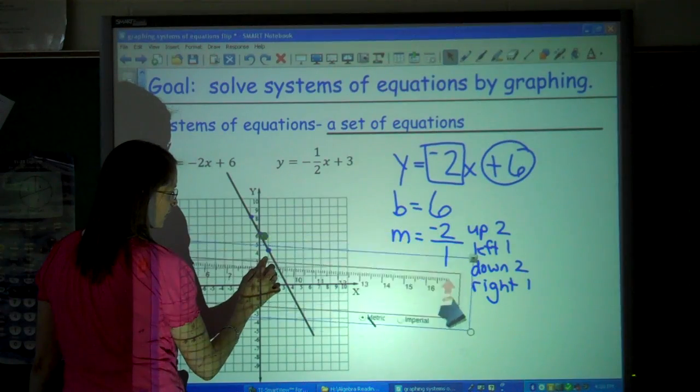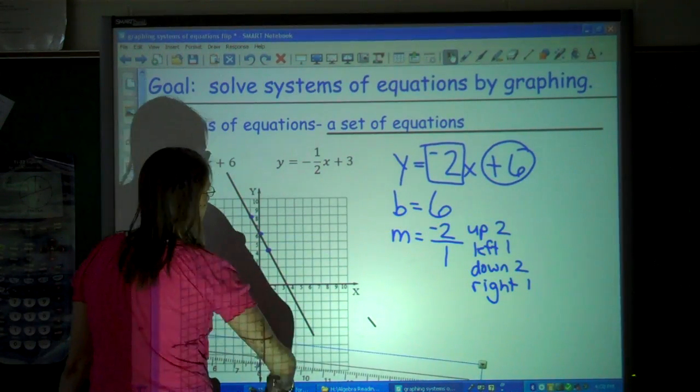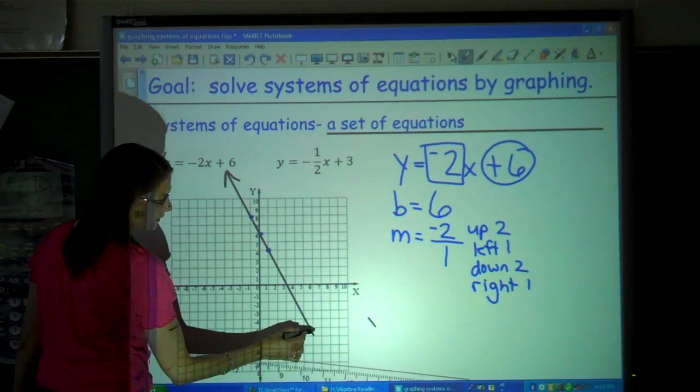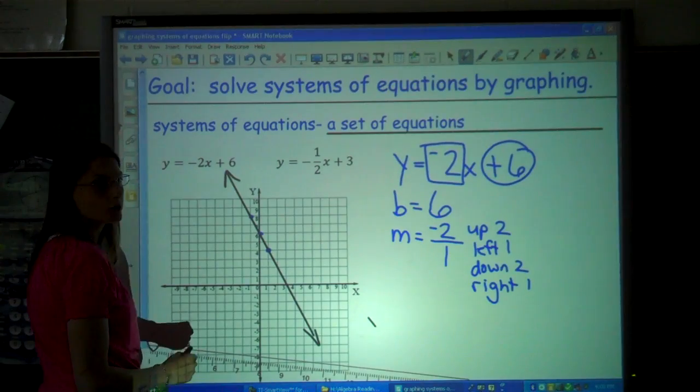Put my ruler back down. Remember, this line goes on and on, so we put arrows at the end of it. And you really want it to go all the way through the graph. I didn't do it this time.